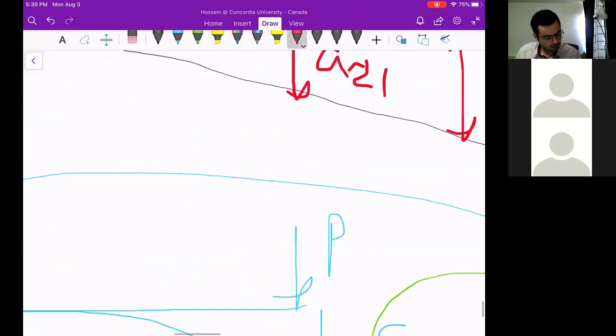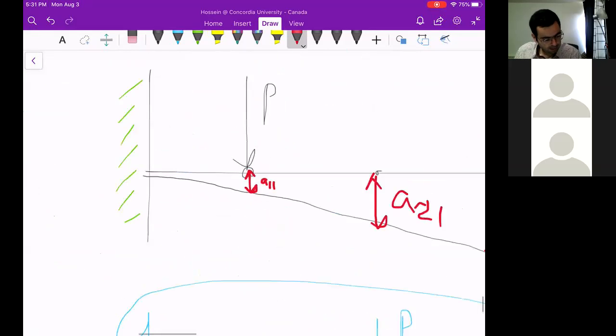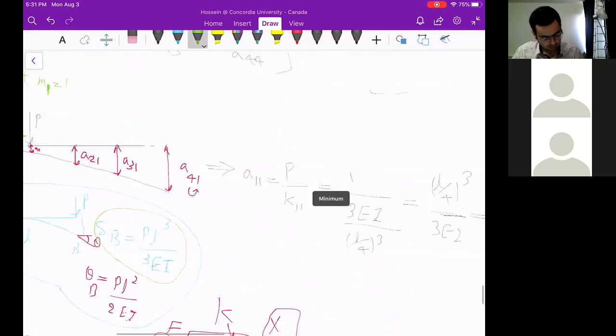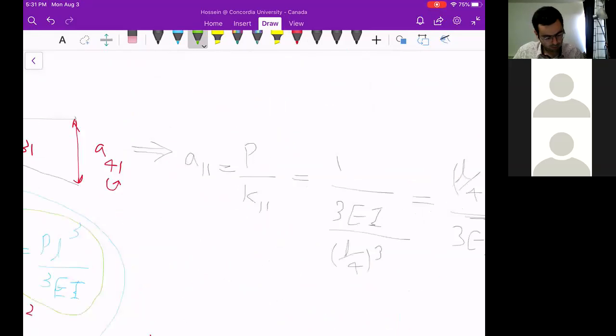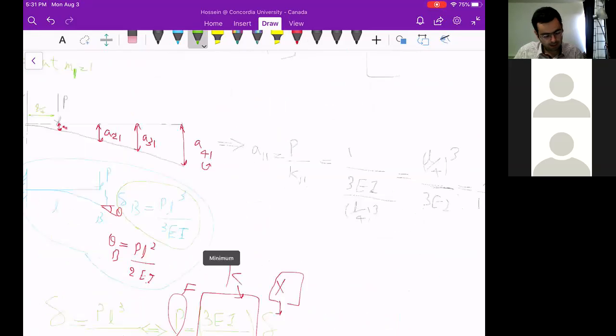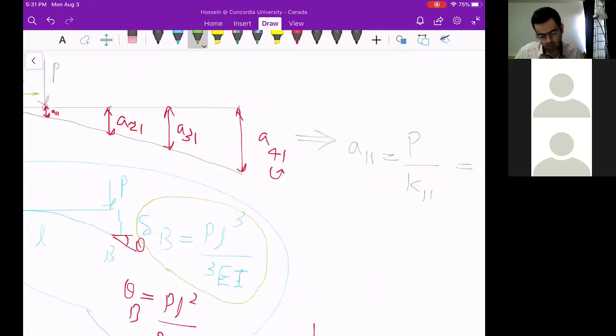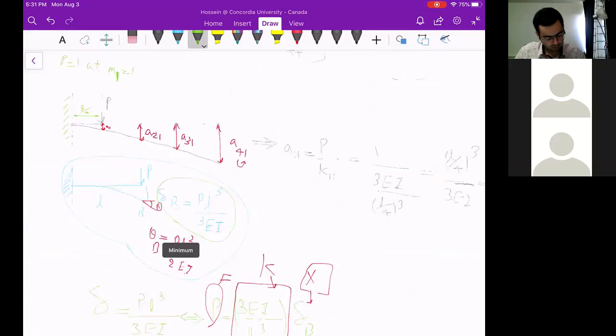So here, this length is L over 4. A11 therefore is P over K11. P is 1, and for the stiffness we have the formula 3EI over L cubed, where L is L over 4 for this case.